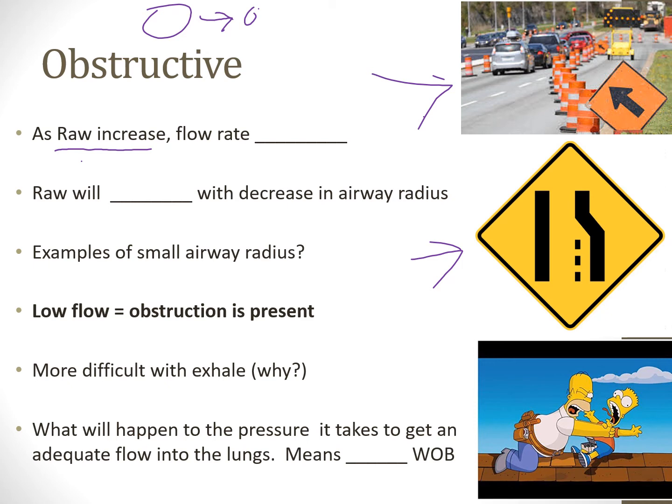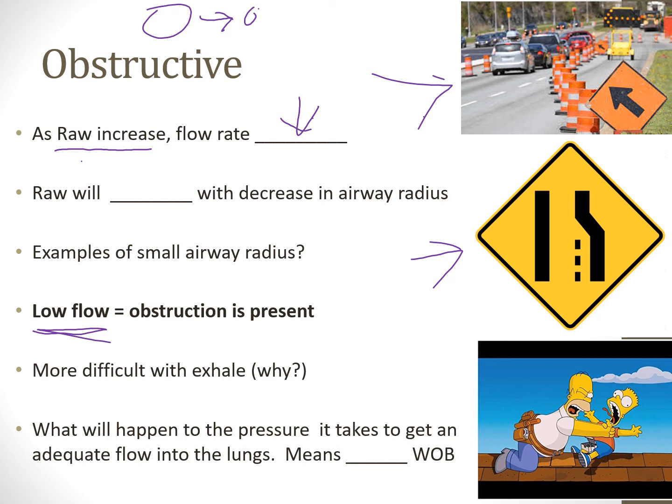So as air resistance increases, our flow rates decrease. We can get less volume over time, less through the lungs. We're obstructing the ability of gas to move through the lungs, so that's going to be an obstructive disorder. This is where we have low flow rates.